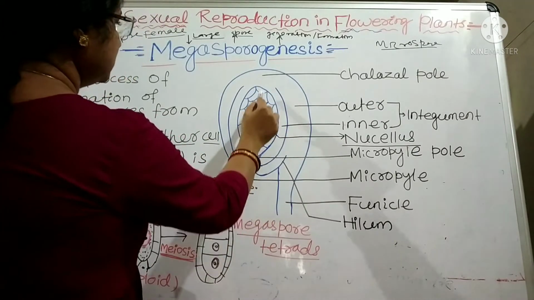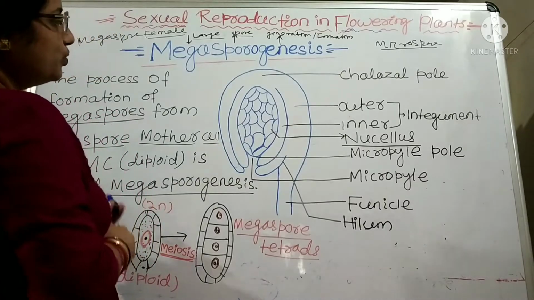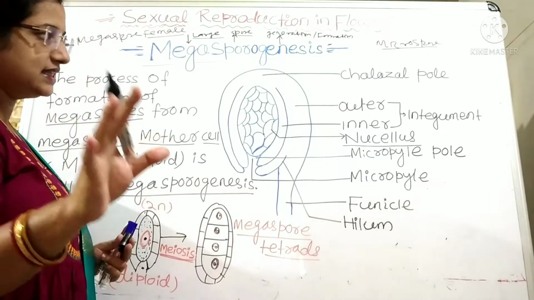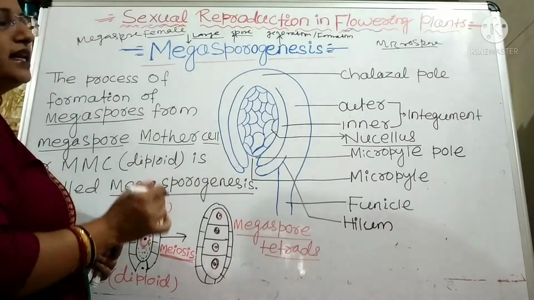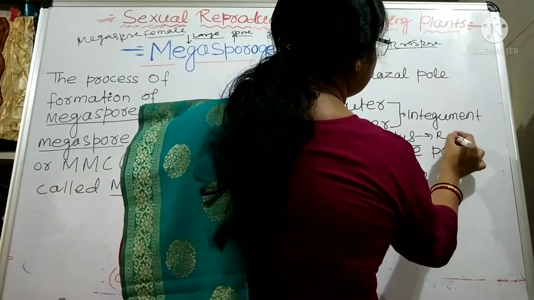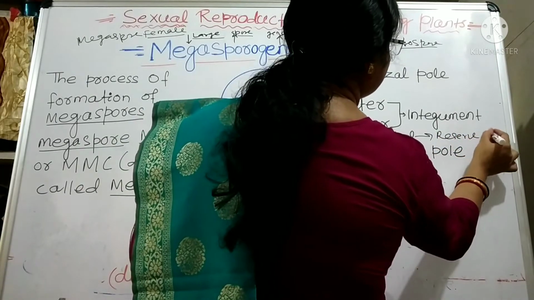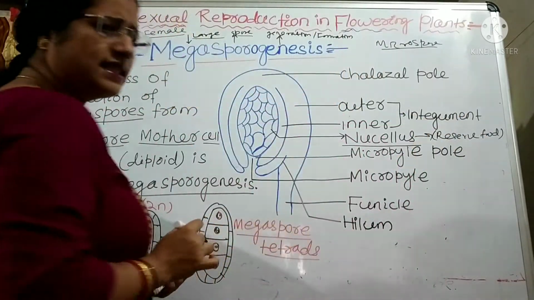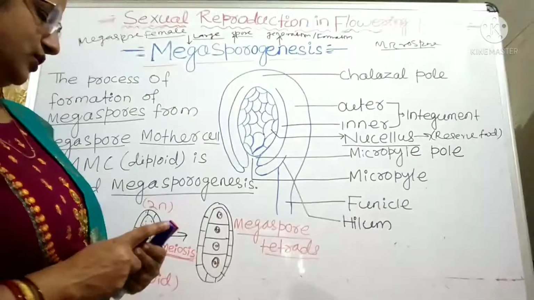This part is the nucellus, which is compactly arranged with parenchymatous cells filled with reserve food.